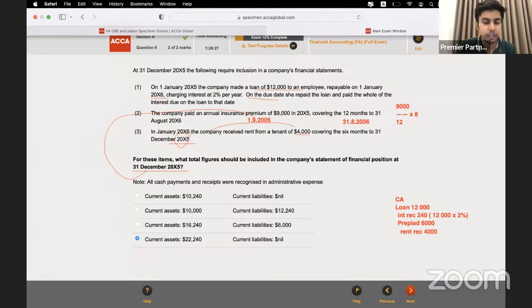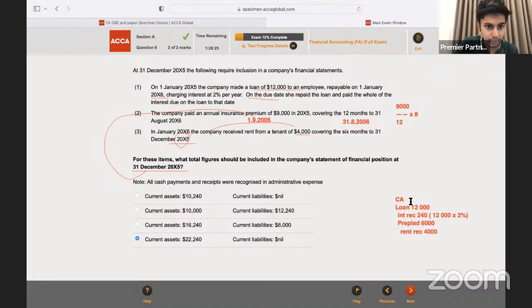Done. Then once you're done with the loan 12,000, now you have to calculate the interest. So 2% of 12,000, the answer is 240. Now that 2% interest we got in January 2006. That time only he gave the money in hand. So in December, we didn't get that interest. We got the interest in January. So at December, it was interest receivable.